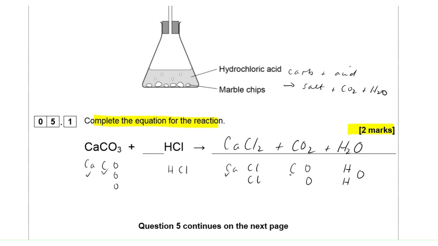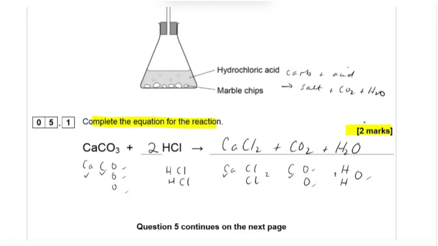One carbon, we can tick that off as well. There are 3 oxygens on the left, and here we are, 3 oxygens on the right. Let's look now at the hydrogens and the chlorines. We can see there are 2 hydrogens there and 2 chlorines there, but only 1 hydrogen and chlorine on the left-hand side. So we need to double that up, and that's what we call balancing. So we put a 2 in there, and that's our 2-mark question.